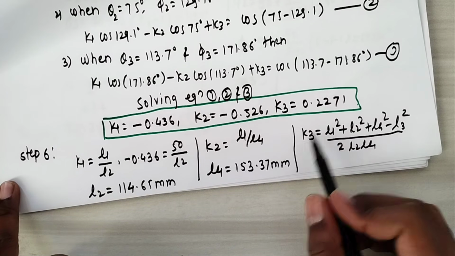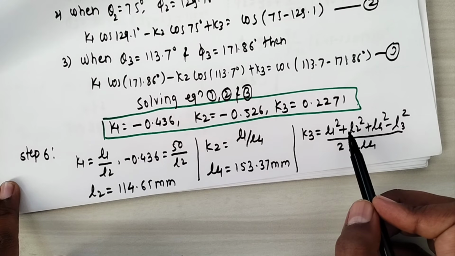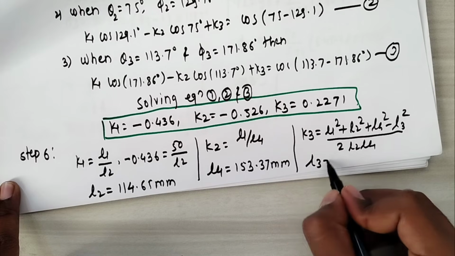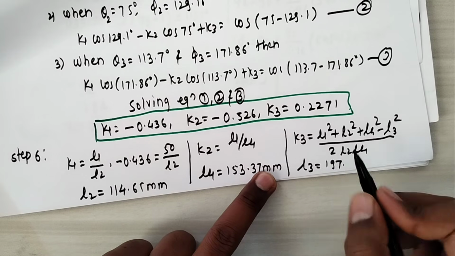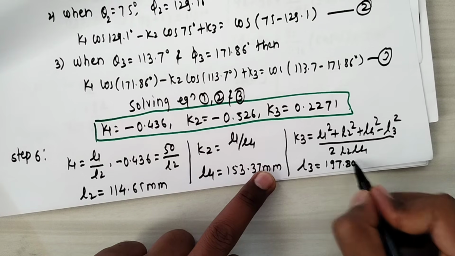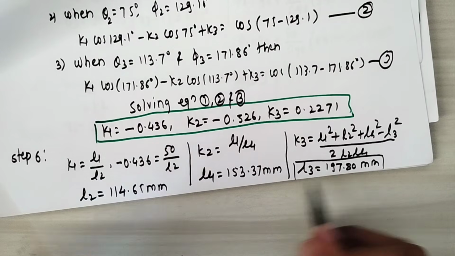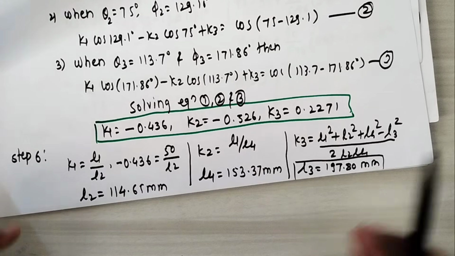So put the value of K3 0.2271, L1 is known, L2 is known, L4 is known, only L3 is remaining. By solving this we get L3, and the L3 value is 197.80 mm. So we obtain the values of L1, L2, L3, L4, and we have done dimensional synthesis of a 4-bar mechanism.